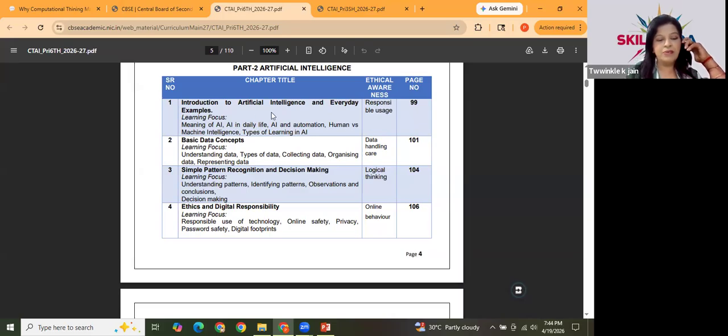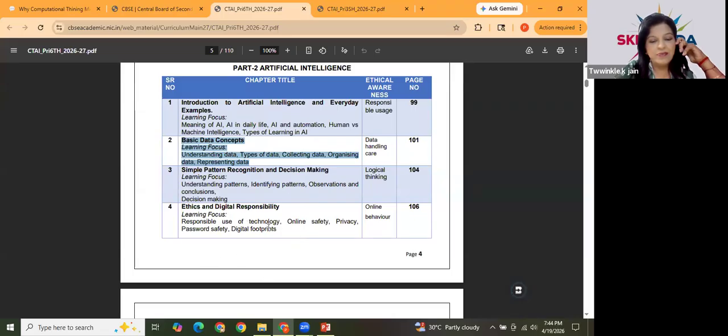In fact, it is not only artificial intelligence, it's a part of the data science module also, because data science, coding, and artificial intelligence were all introduced as skill subjects. This basic data concept is taken from the first chapter of 6th standard data science. That's how they have interrelated all the skill subjects.